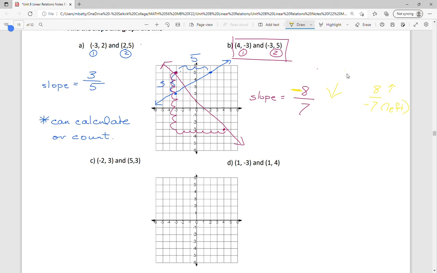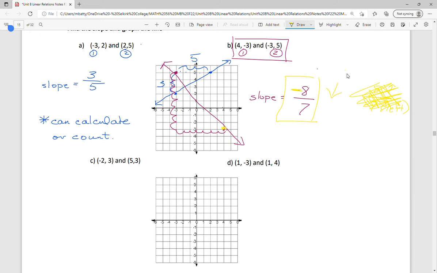I get a little bit mixed up on my left and right sometimes, but this should work. So to go from this point to another, I could go up 8 and left 7. So I like this way better. I like putting the negative with the numerator because I find that I'm a little bit better on up being positive and down being negative. But this was just an illustration in yellow here to say it kind of works both ways.